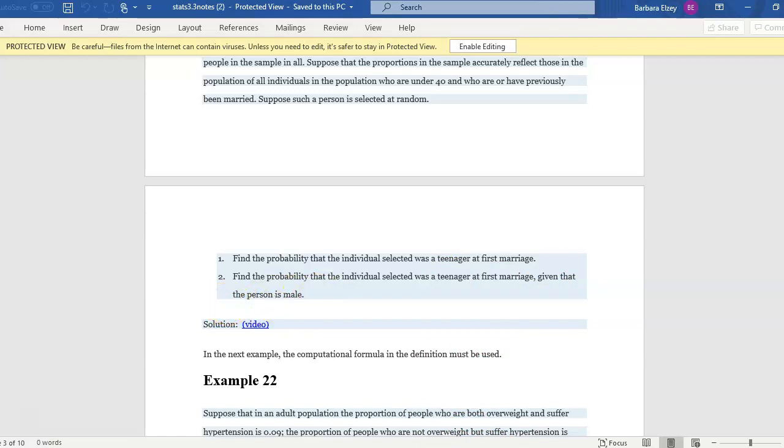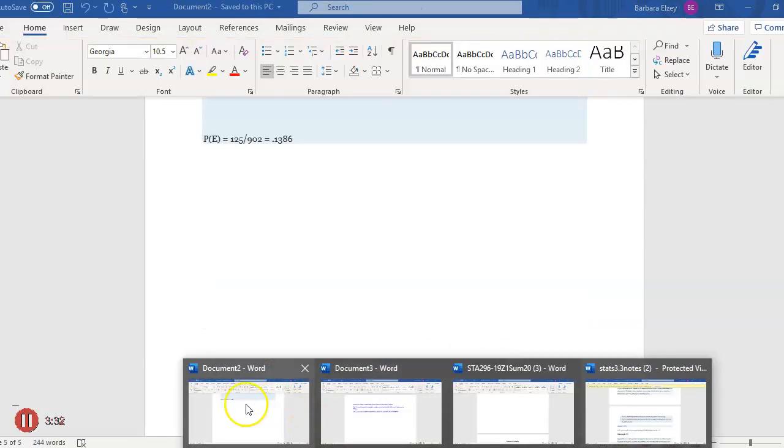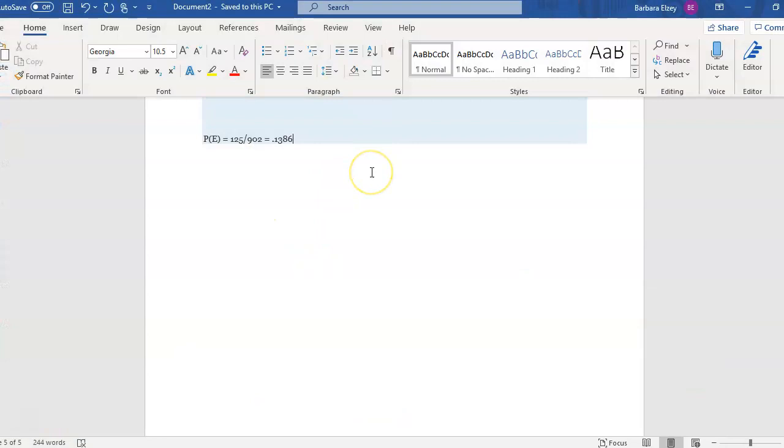We're still looking for the probability that they were a teenager when they first married, but we have this additional condition, given that they were male. And the notation looks like that. So notice that the given part always goes behind the original probability that we're looking for.